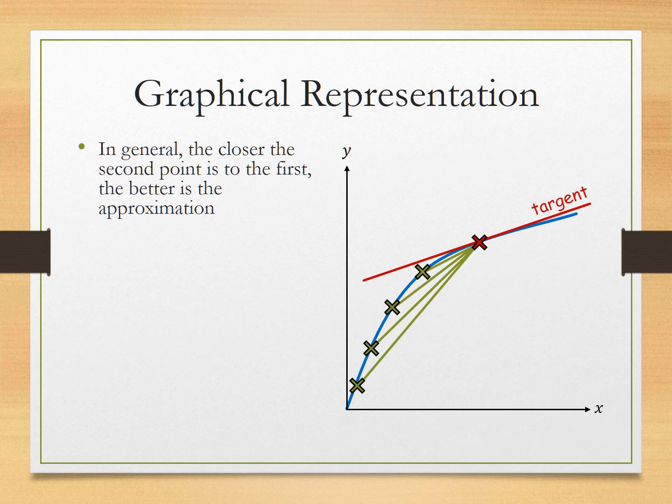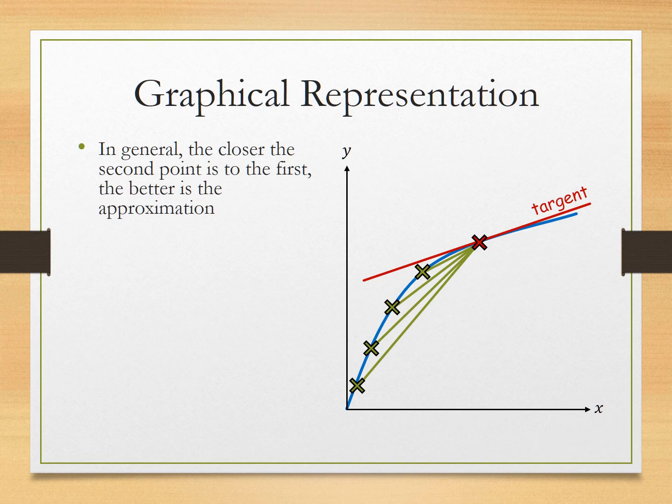You can see that as you pick a green point that is closer and closer to the red point, the approximate slope, these green lines, gets closer and closer to the red line. So the two-point formula gives you a better approximation if the second point is closer to the first point.